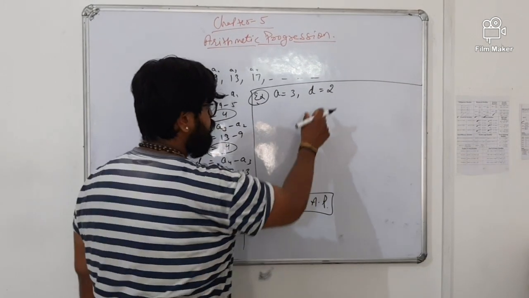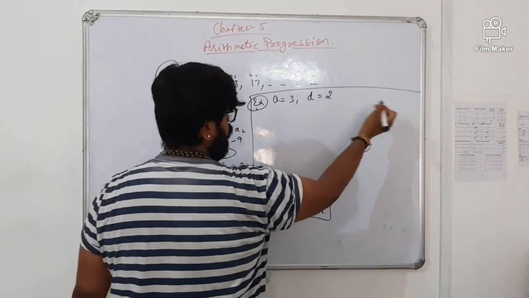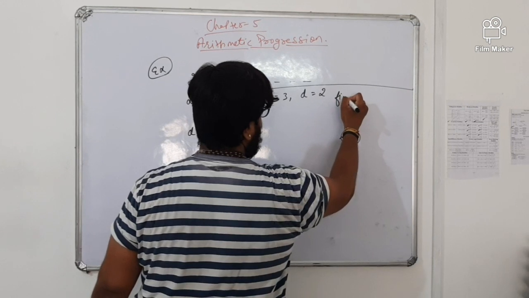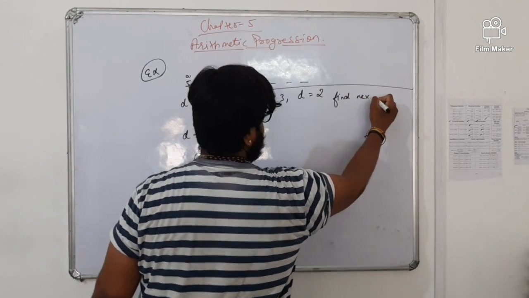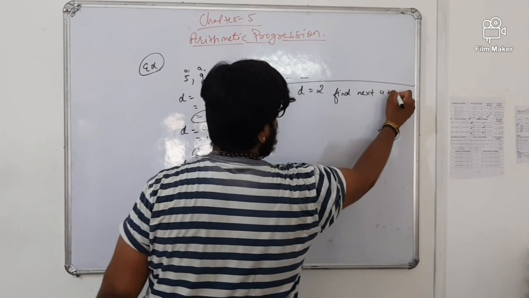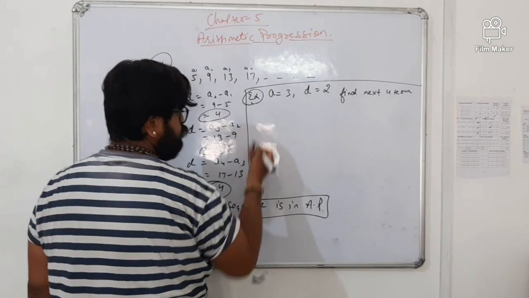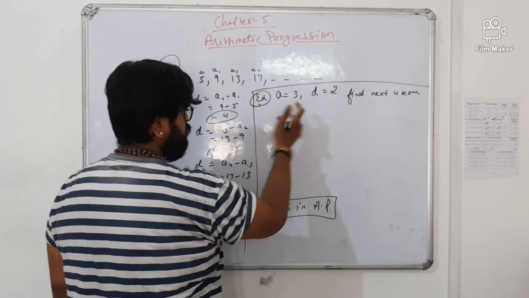You have to find the next 4 terms. So how will we find the next 4 terms?